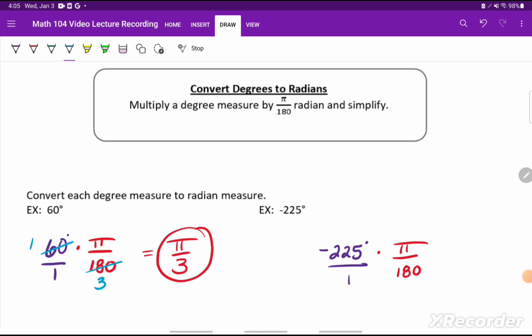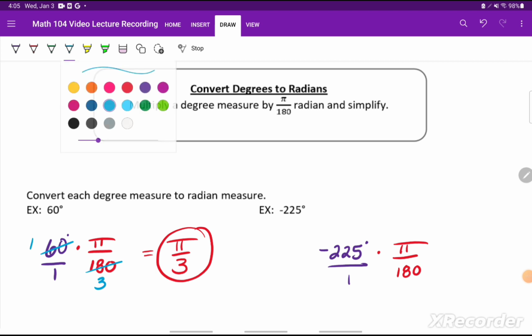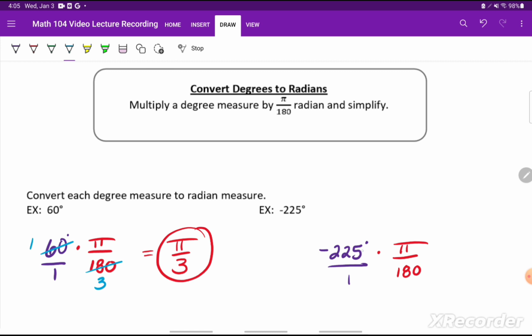I see that 45 divides into both 225 and 180. So 45 is going to go in here 5 times. 45 goes into 180 4 times. And then I'm going to multiply straight across. Don't forget that negative that we had out here originally. We're going to get negative 5 pi over 4.